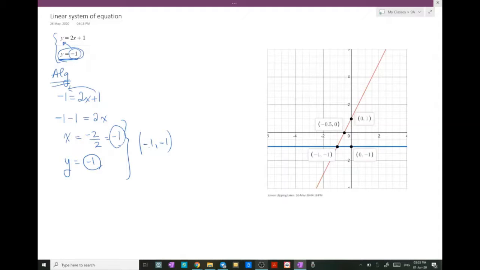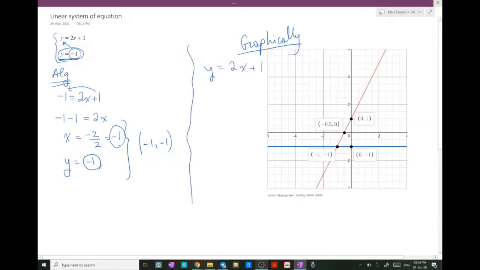Now in order to use geometry, or graphically, we know that y equals 2x plus 1 is a line whose gradient is 2 and whose y-intercept is plus 1.